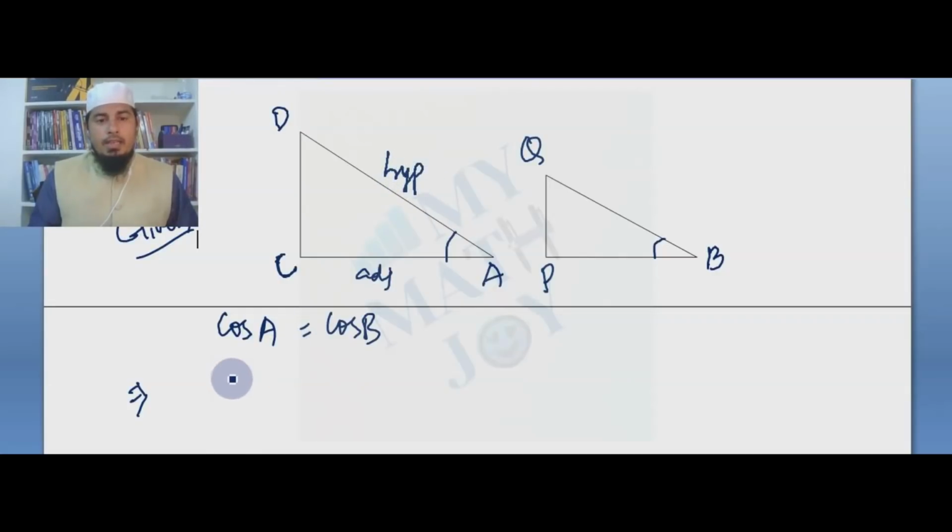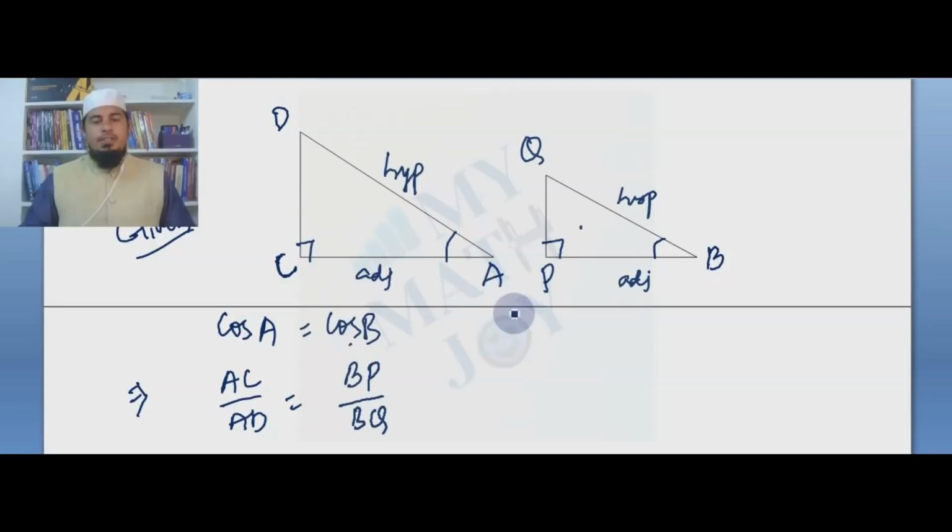Then cos A will be AC divided by AD, and according to this triangle, cos B will be BP, because this is adjacent and this is my hypotenuse, with the right angle here, so it is BP divided by BQ. He has given these two ratios. We need to prove these angles are equal.